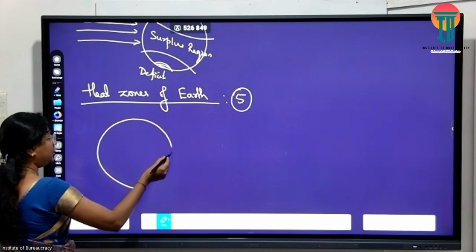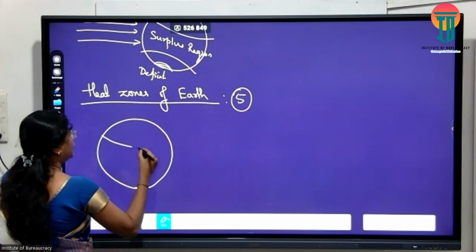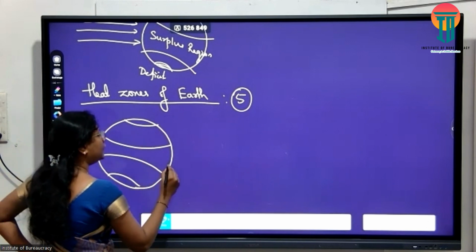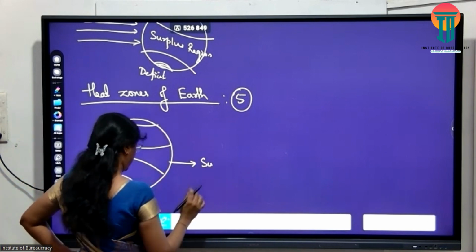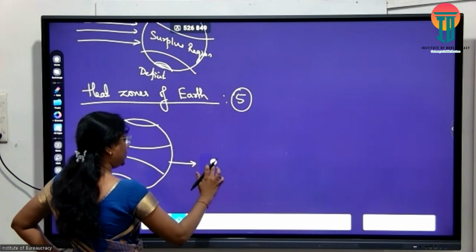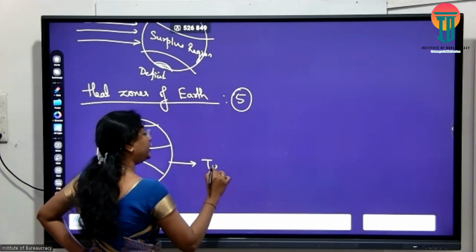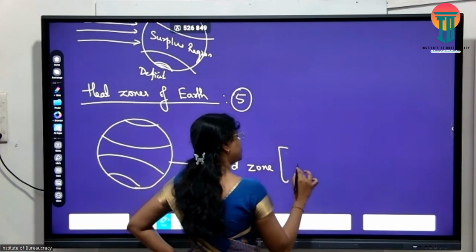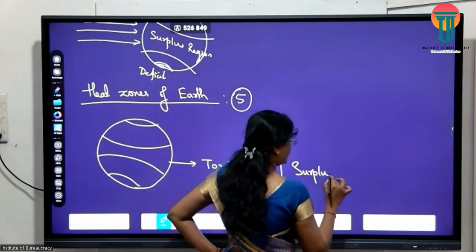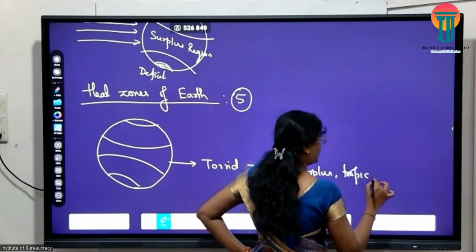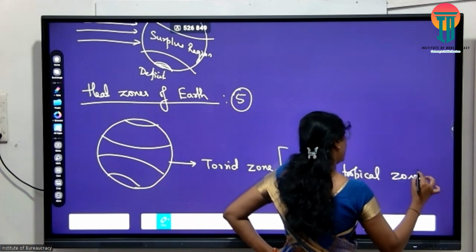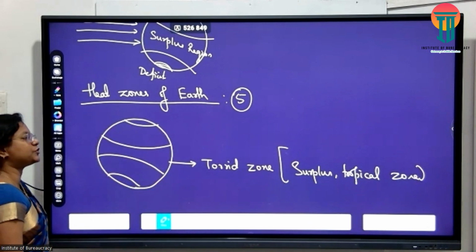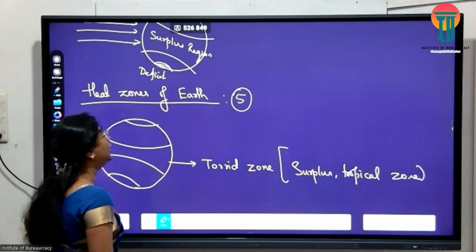So, if this is my Earth, the energy surplus region is known as torrid zone. So, the surplus region confined to the tropical latitudes is known as your torrid zone.